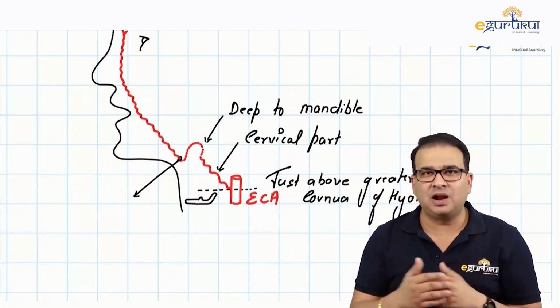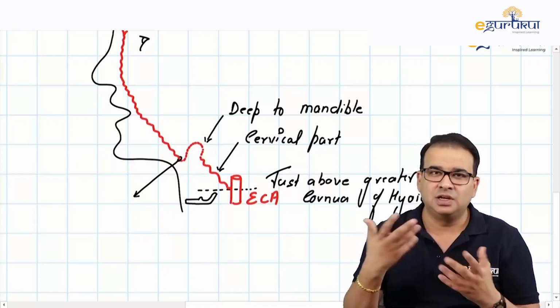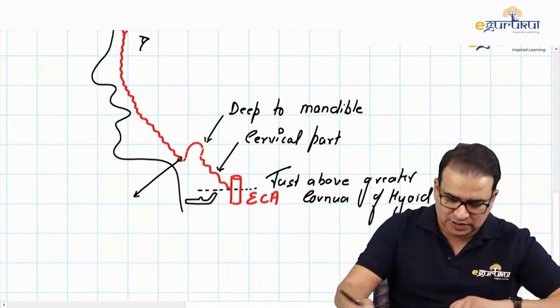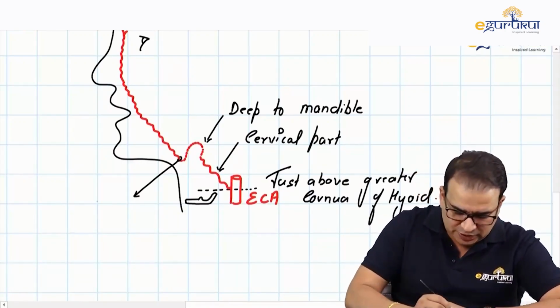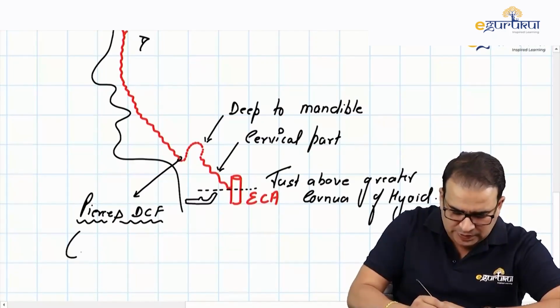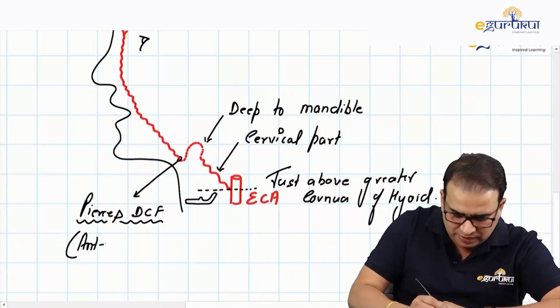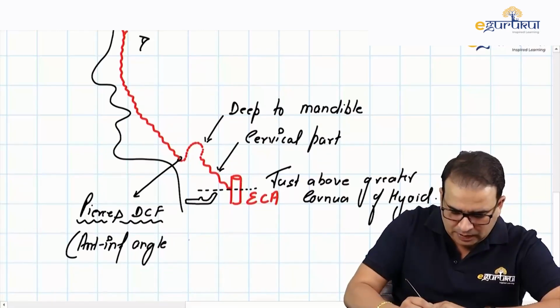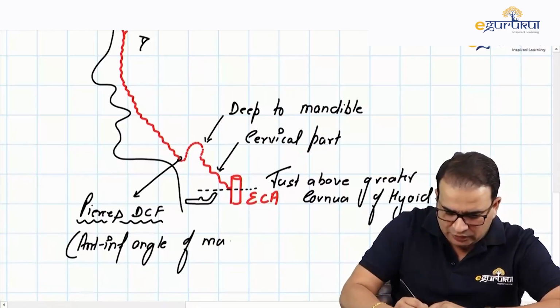Or you can say the facial artery is piercing the deep cervical fascia to come onto the face. So here's the point where the facial artery pierces the deep cervical fascia. And what is the point where it is piercing? It is the anterior-inferior angle of the masseter.